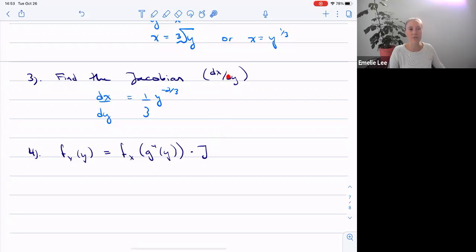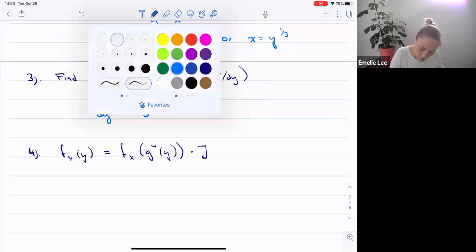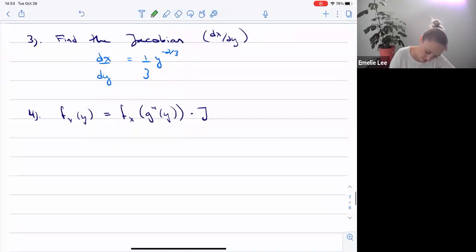But it gets confusing because it might look like you have to take the derivative, and that's not what you're doing here. And so this here is basically write out the original PDF with y equals x to the 3 replacing the x, right? Or with x as y to the 1 over 3.